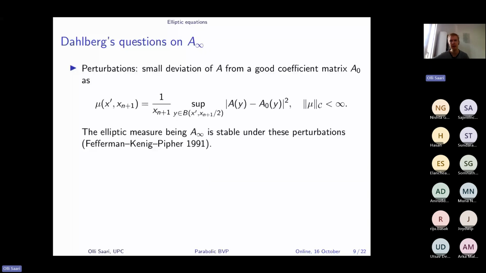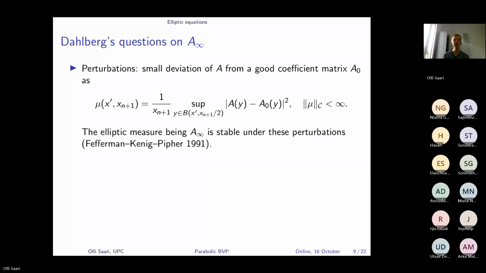So he first asked: suppose I have a coefficient matrix A0, which I assume to be so good that the corresponding elliptic measure is in A infinity. And now if I perturb that matrix so that the perturbed matrix A is close to the good matrix in the Carleson measure sense, can I say that the Carleson measure difference being finite is enough to make the perturbed matrix have elliptic measure in A infinity?